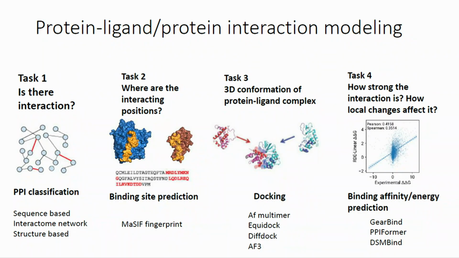And sometimes predicting this step is already enough, because when we try to design the interface, we're most likely designing these residues of the protein. So even without going further into downstream tasks, we may just stop here and make use of these prediction tools to guide us towards how we design or how we choose pairs of proteins to bind.